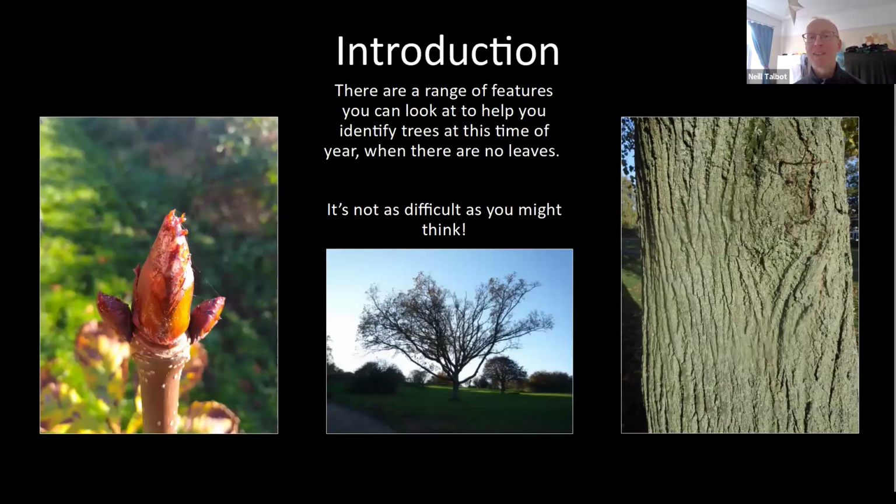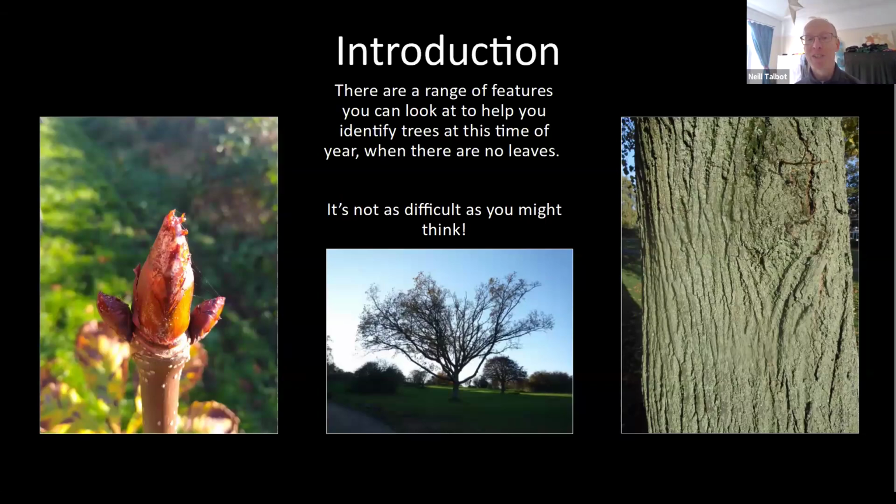So, I said there's a range of features you can look at to help you identify trees from October through to February, March, when there aren't any leaves or not many leaves. Nowadays, quite a lot of tree leaves are still on the trees in December, but now's a good time to start looking.